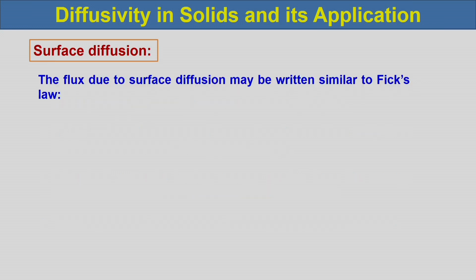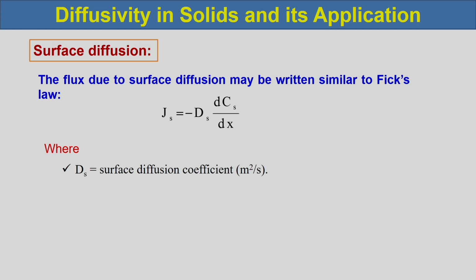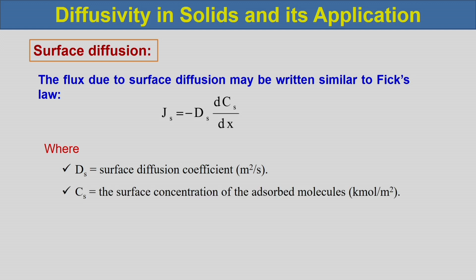The flux due to surface diffusion may be written similar to Fick's law, which is J_s would be equal to minus D_s into dC_s/dx. Here D_s is the surface diffusion coefficient and its unit is meter square per second. C_s is the surface concentration of the adsorbed molecules, which is kilomole per meter square.